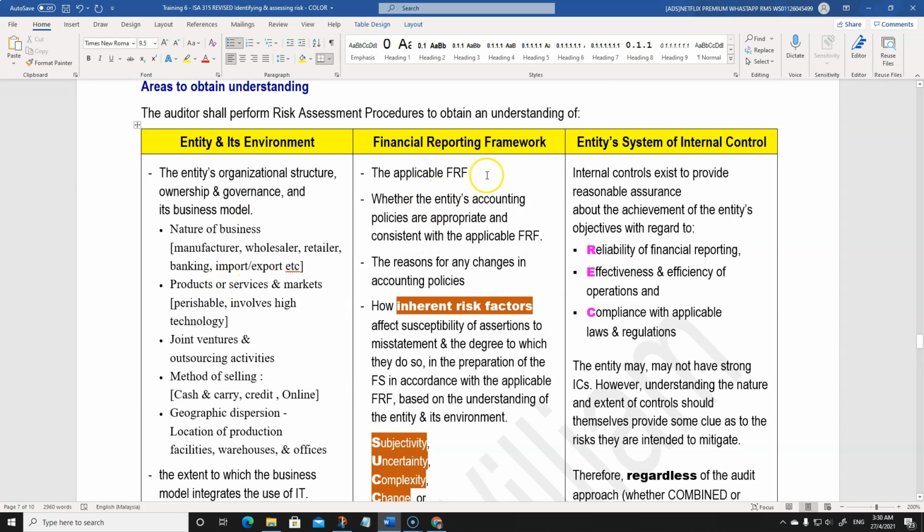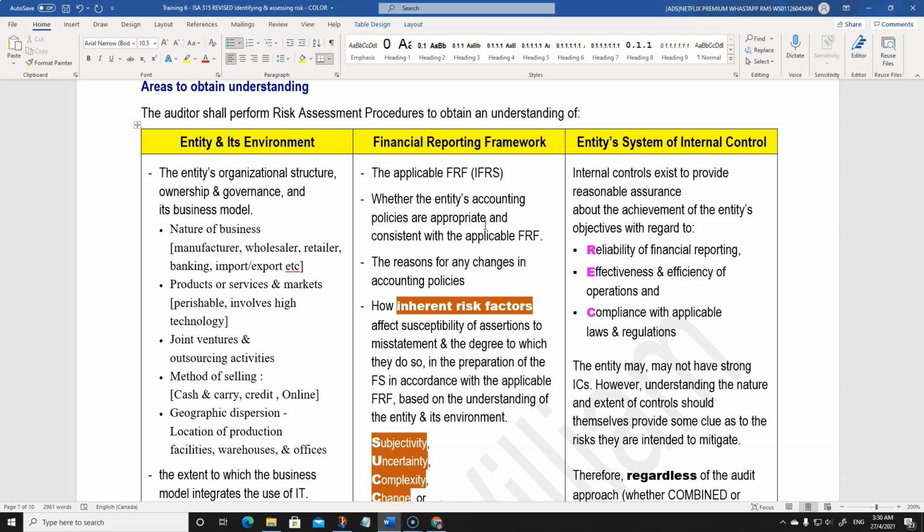Now, the financial reporting framework, we're looking at what standards that they're using. So this one will usually be IFRS by the parent company. So we need to see what kind of accounting standards they're using. So if you have got a subsidiary that is in a foreign country, you need to be a little careful in the exam.